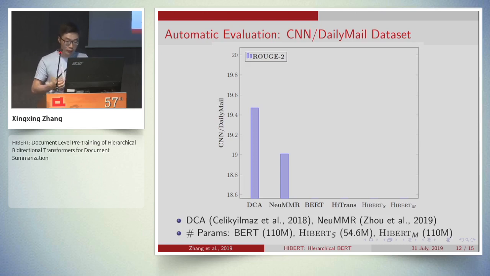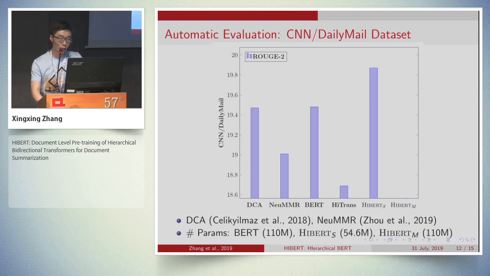We also built a BERT baseline ourselves, simply feeding a document into BERT, using the representations at the end of sentence token and predicting whether this sentence should be returned as summary or not. Actually, we were surprised to see BERT beat all the previous models. We also have another baseline that just uses the hierarchical transformers we proposed at the beginning of the talk without any pre-training, just using the extractive labels, and the performance is not good.